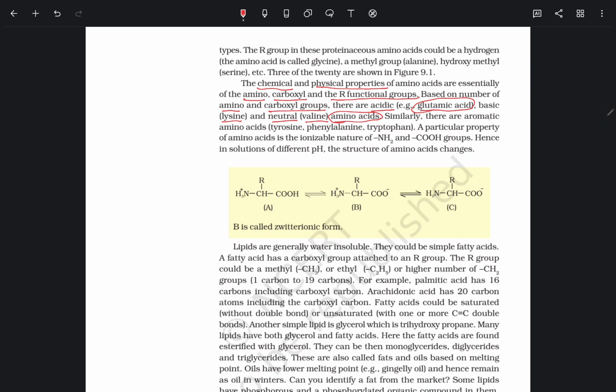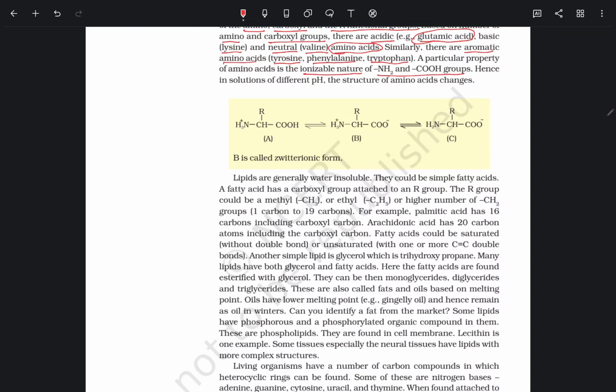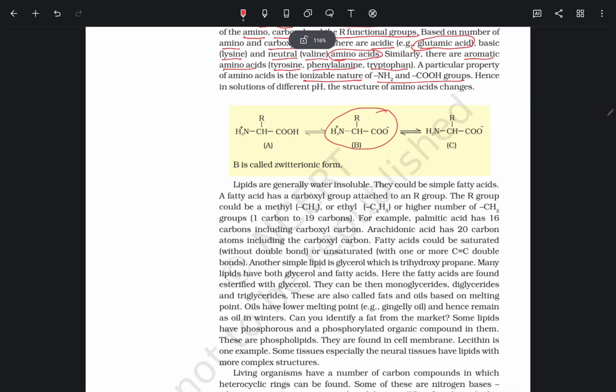Similarly, there are aromatic amino acids like tyrosine, phenylalanine, tryptophan. A particular property of amino acids is the ionizable nature of the NH2 and COOH groups. Hence, in solutions of different pH, the structure of amino acids changes. This is called the zwitterionic form.